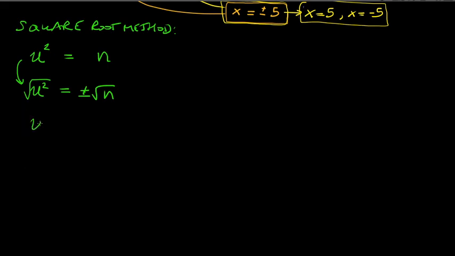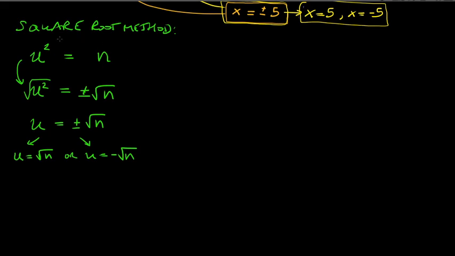We're just going to call it u, right? And it's going to be either positive square root of n or negative square root of n. And like I said, it's a good idea to write them separately. So I'll write it as u is the square root of n on the one hand, or u is going to be negative square root of n. Right? Okay, so that's the square root method. Right? So it's pretty simple.